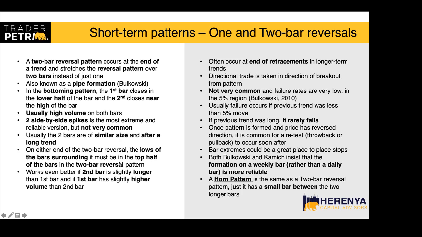So in any case, if we're still working with the bottoming pattern, we have the first bar closing in the lower half and the second bar closing near the high, and they're equal or similar size, and they have relatively high volume traded through them.